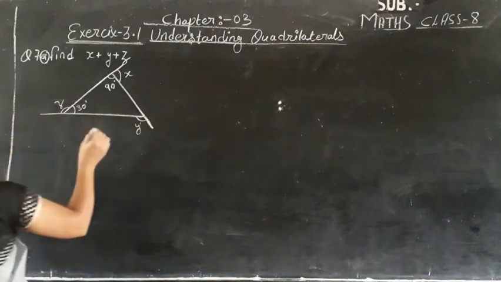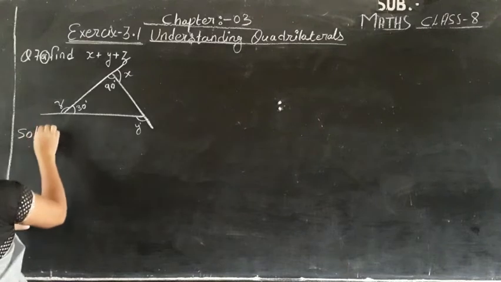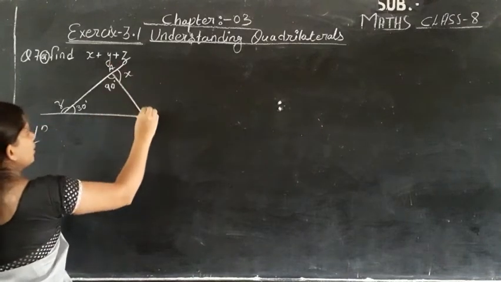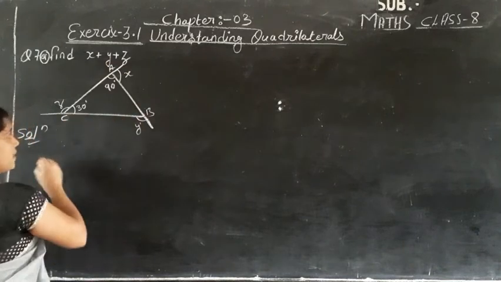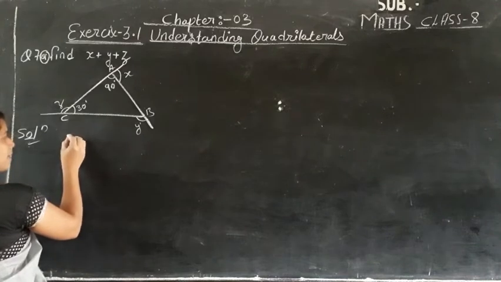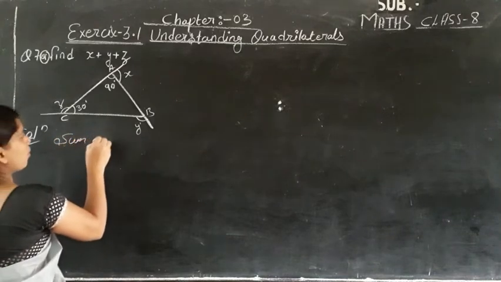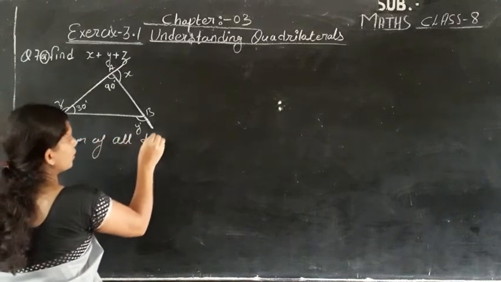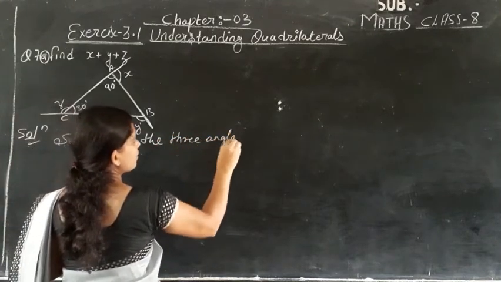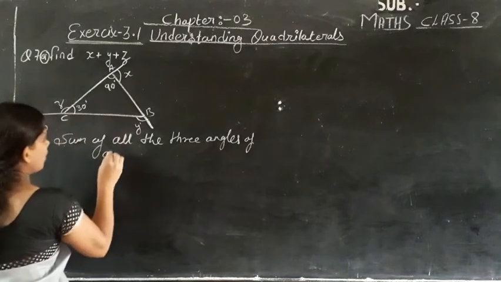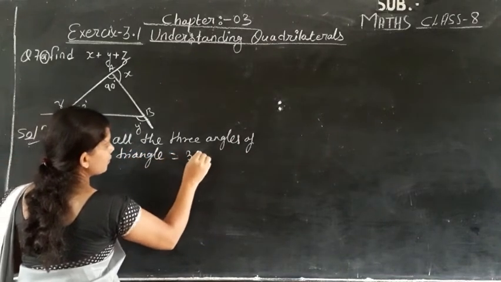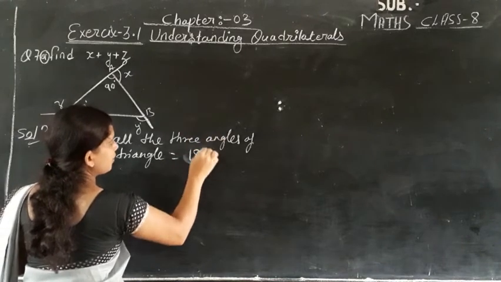First, we are going to give the name ABC to the triangle, isn't it? Now, as we know, by the angle sum property, the sum of all the three angles of a triangle is equal to how much? 180 degrees.